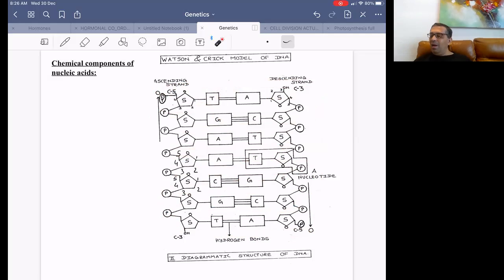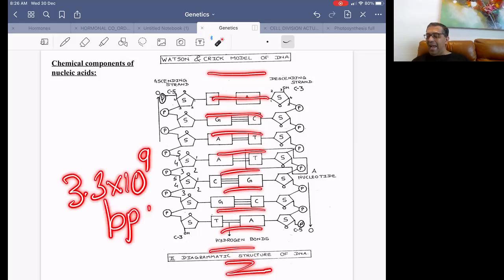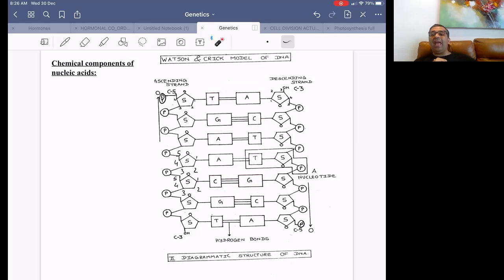If you remember, how many nucleotides are there in one DNA? One DNA has 3.3 into 10 raised to 9 base pairs. 3.3 billion base pairs are present in one DNA.